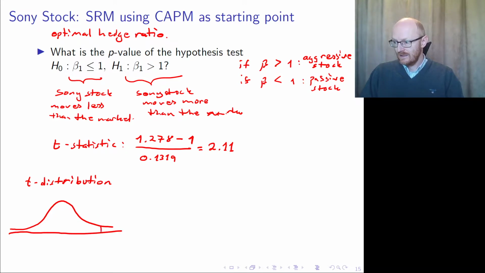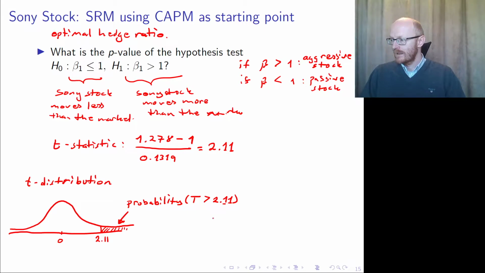If you center it at 0, then you find the t statistic 2.11, and by table you find the probability of getting a t-value greater than 2.11, right?